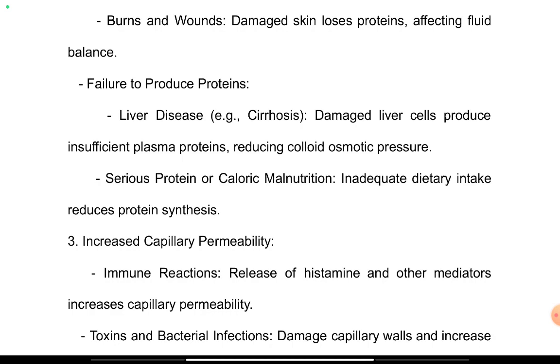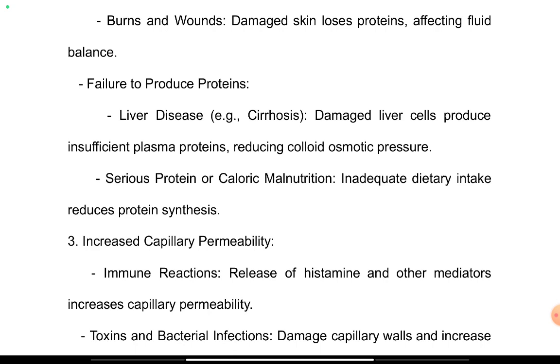fish, chicken, dairy products. Beans also has a little quantity of protein, but overall beans has more carbohydrate than protein. Some of you will always think that beans is majorly a protein diet, but you are getting it wrong. Beans is a carbohydrate food and has some lesser quantity of protein.